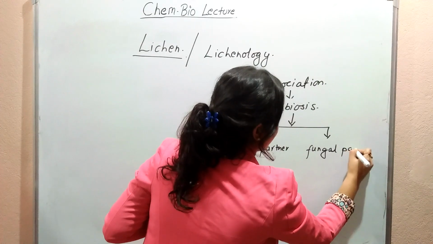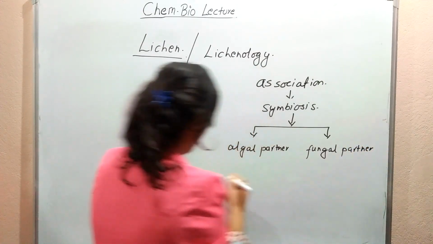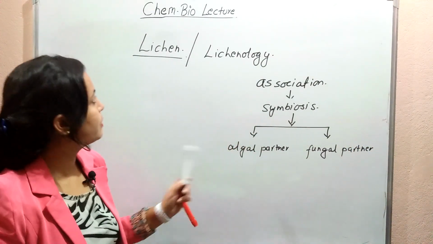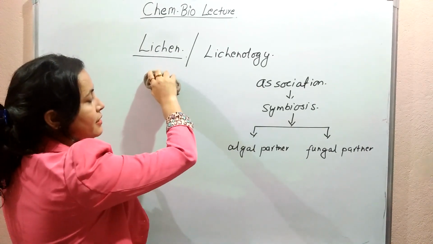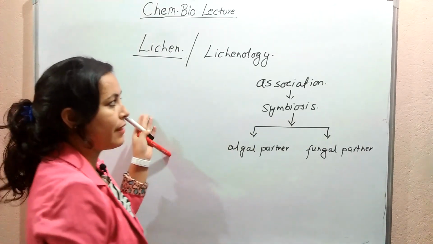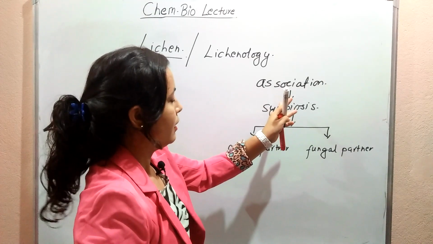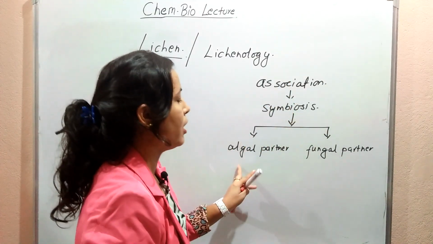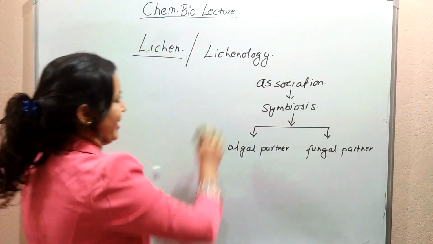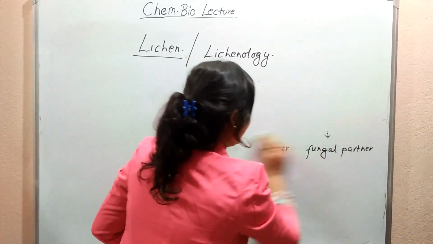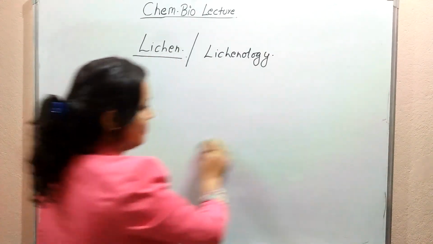We will come to how they are oriented. Anyway, lichen does not fall under the plantae; rather, it is a symbiotic association of algae and fungi.